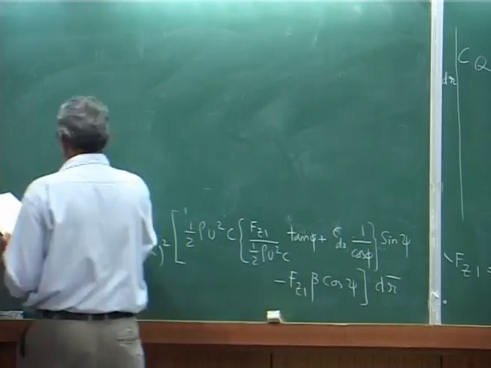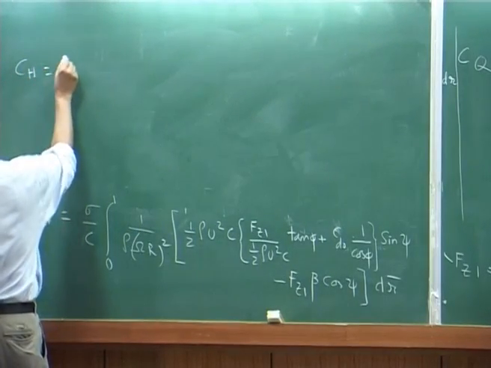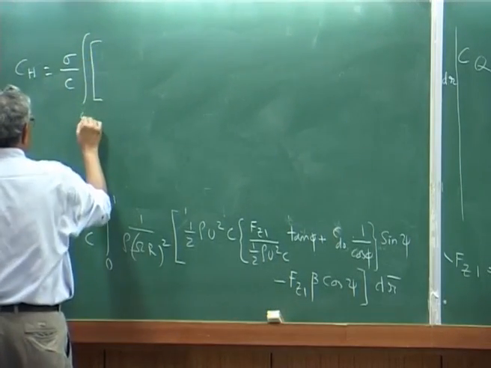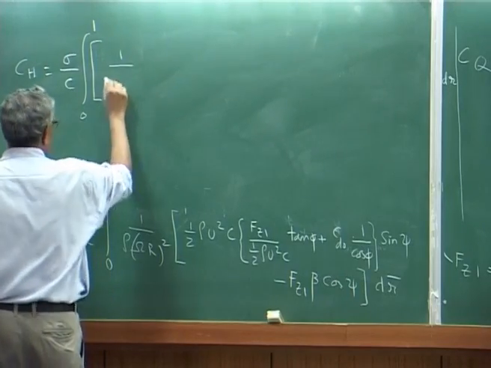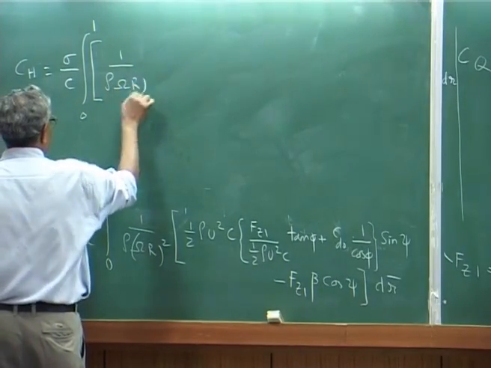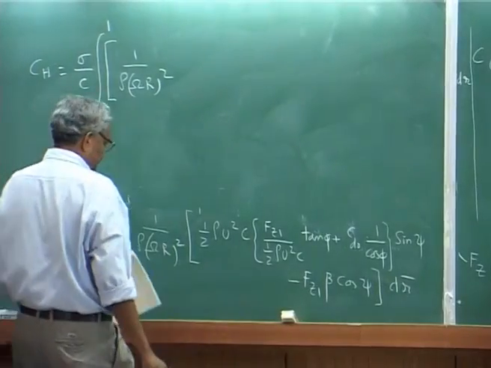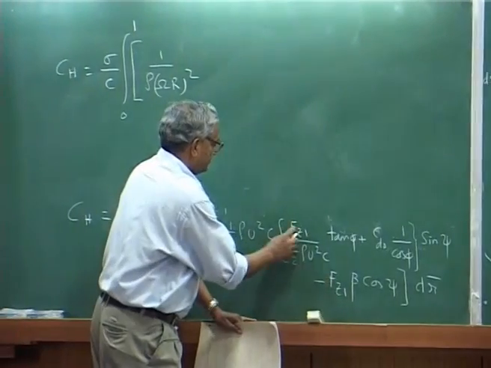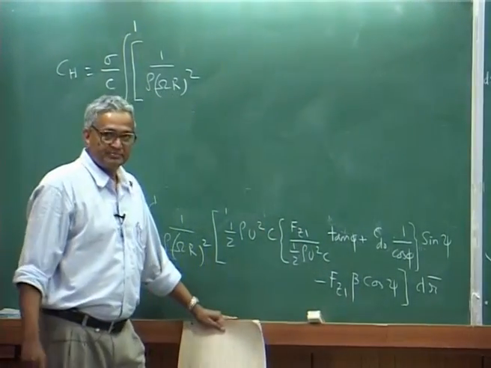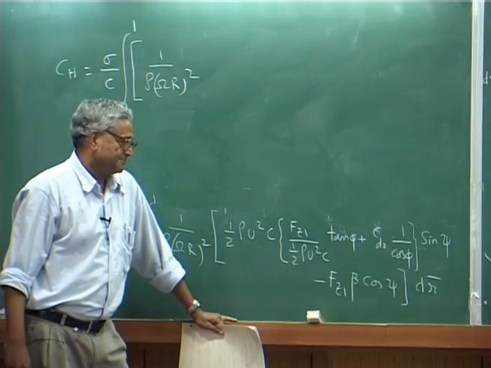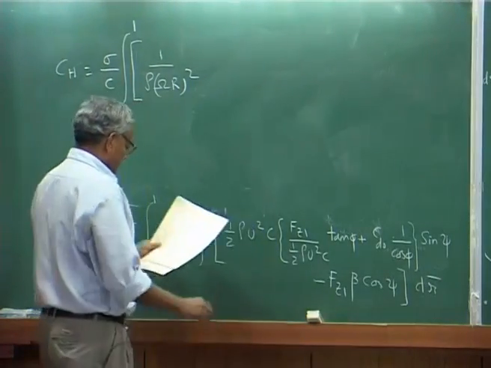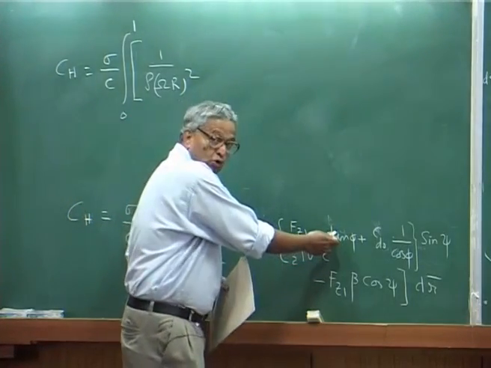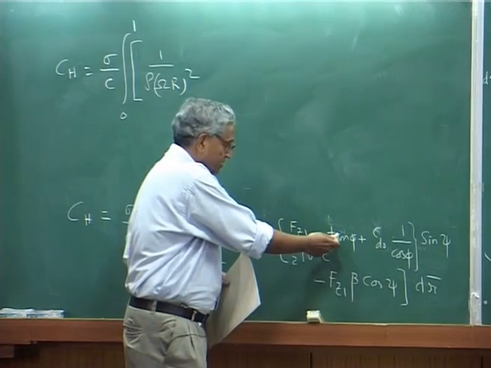This becomes C_H is sigma over C, 0 to 1, over rho omega r whole square. What you do is you take the F_z terms, okay. You will have, this is tan phi is U_P over U_T, okay.